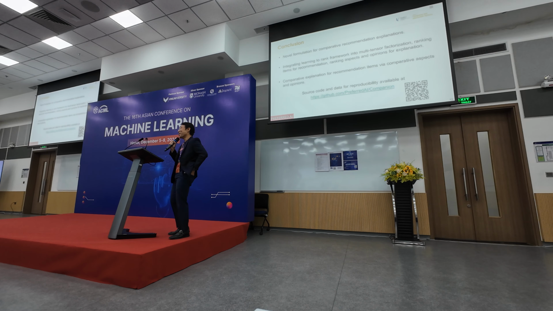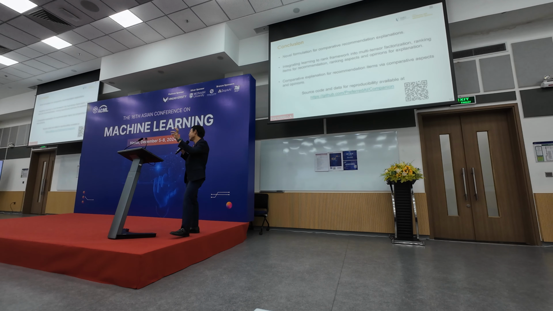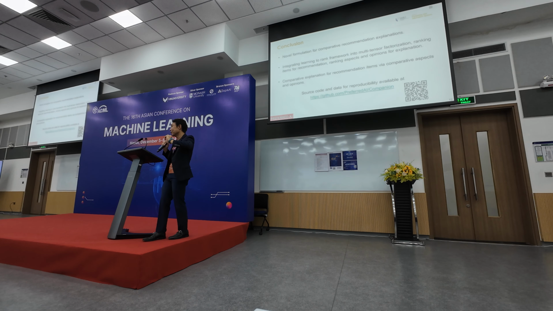Okay, that's a good point. As of now, what we use the LLM for is not integrated into the model in a way that affects the outcome of the model. The model is completely a learning model. It will output the explanations based on different aspects, opinions, and so on. We only use the LLM at the very final stage to polish the presentation of the explanation.